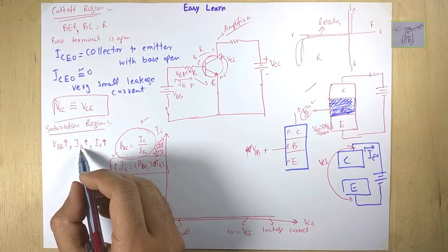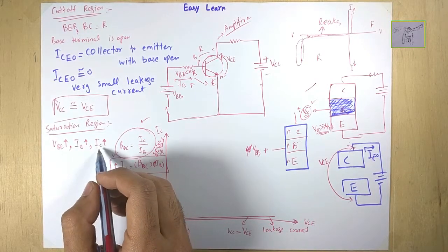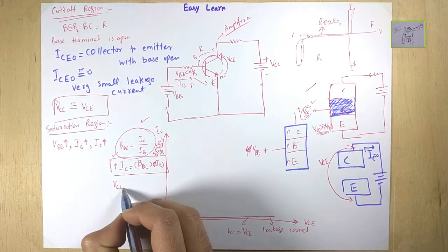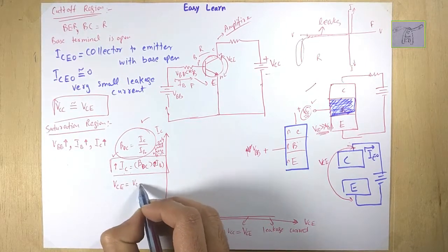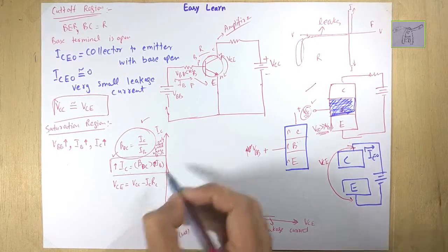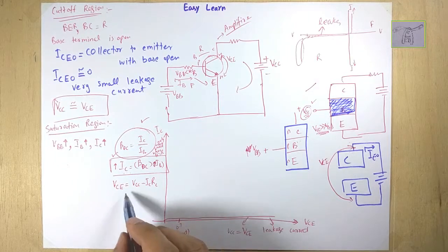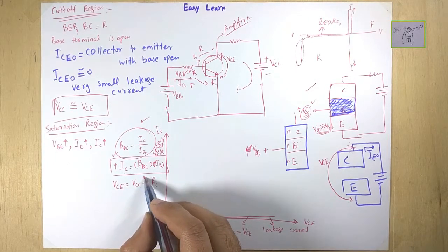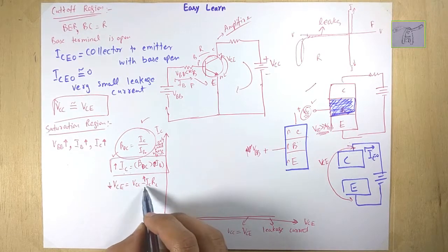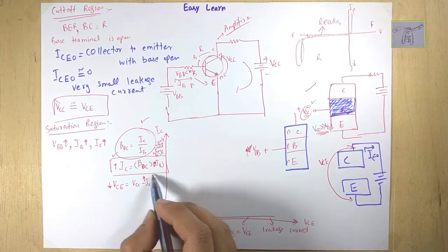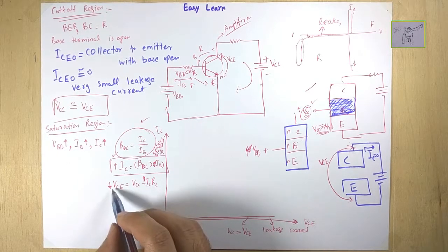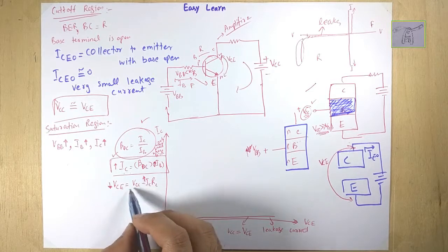When VBB increases, IB increases and IC increases. When IC increases, collector current increases. There is a relation called VCE equals VCC minus IC RC. This relation comes from applying Kirchhoff's voltage law to this loop. If IC increases, this product increases and is subtracted from VCC, so the answer will of course be less.